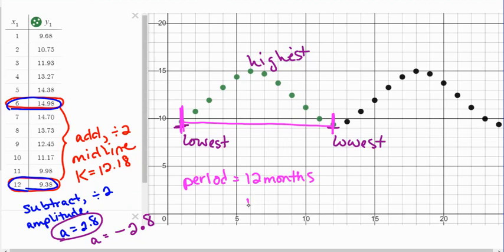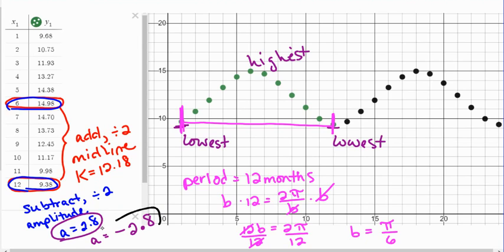So if we do 12 equals 2 pi over b, I can multiply both sides by b in order to cancel that. So 12b equals 2 pi, and then divide both sides by 12, and those cancel out. If I reduce this fraction, we get that b equals pi over 6.